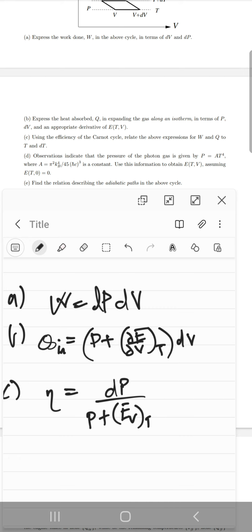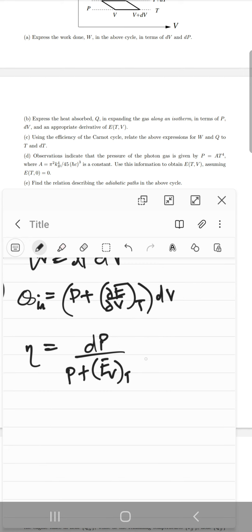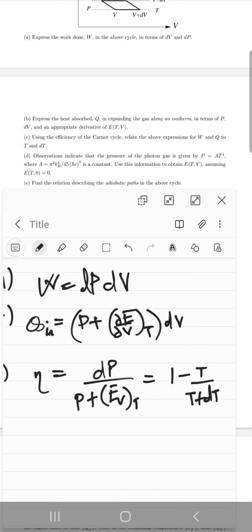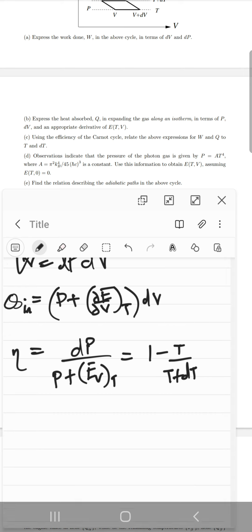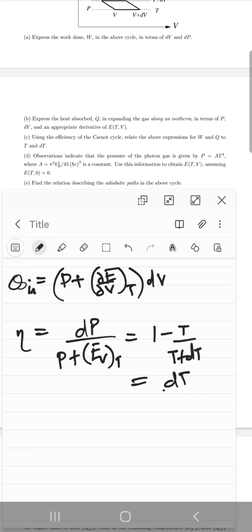And since it's a Carnot cycle, this is going to be just 1 minus T cold. The colder one is small t upon T hot, so T plus dT. And that's just equal to dT upon approximately T, I would say. So this is the equation that we want to be dealing with.